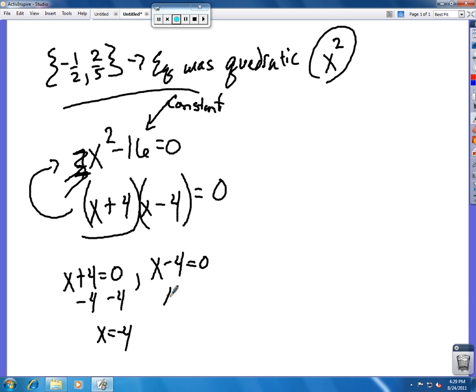Then we're going to add 4 to both sides here, so x equals 4. So your solution set in this case is going to be -4 and 4. Again, you got two answers because it's quadratic, and in this case they're the same answer but different signs, negative and positive.